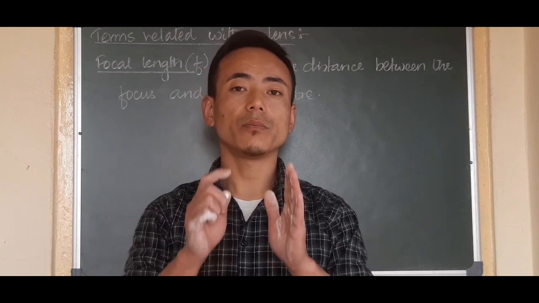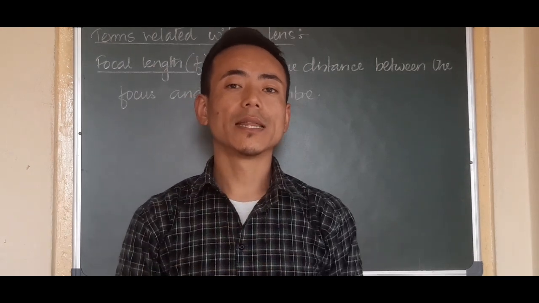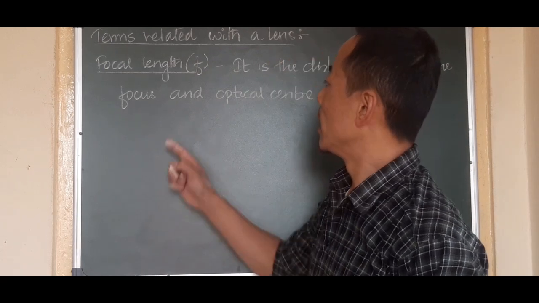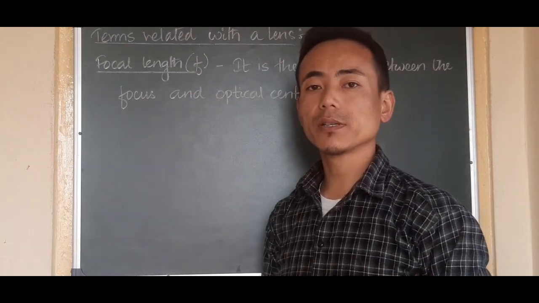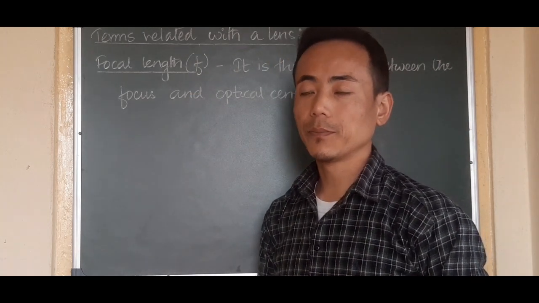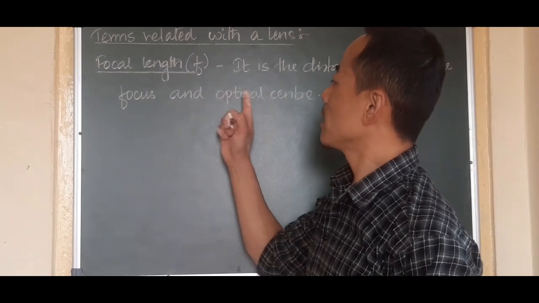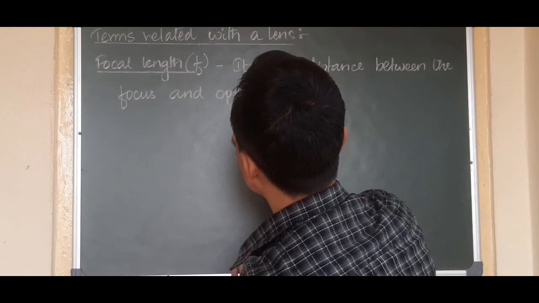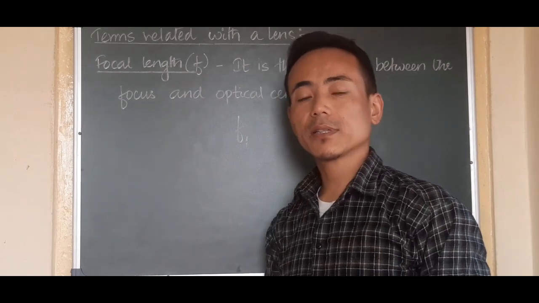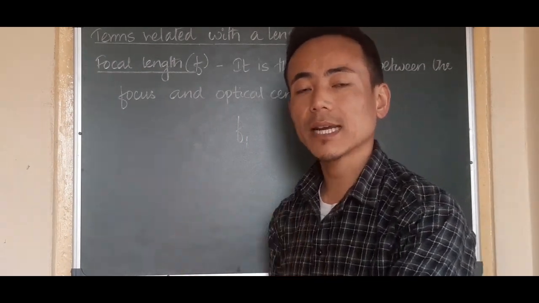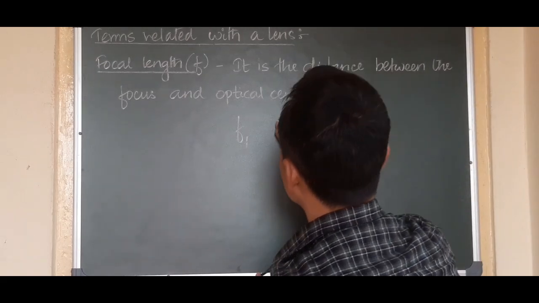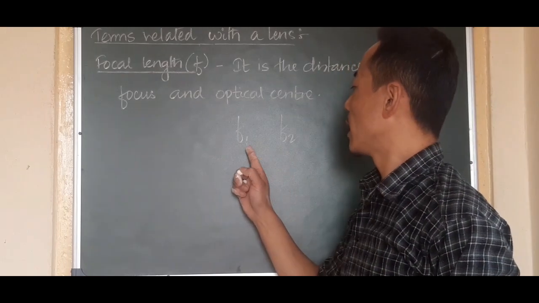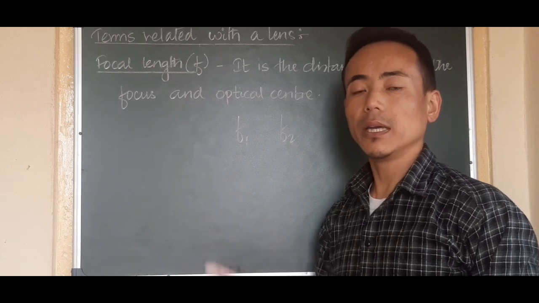Remember, focal length is represented with a small f and focus is represented with a capital F. If the distance is between the optical center and the first focus, F1, then the focal length will be f1. And if the distance is from the optical center to the second principal focus, then we write the focal length as f2. So there will be two focal lengths, f1 and f2, in the case of a lens.